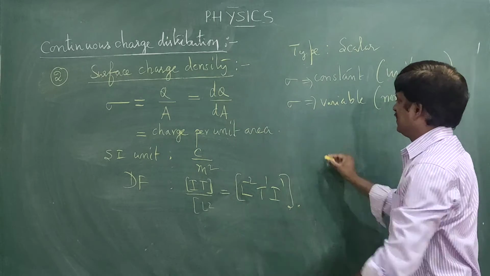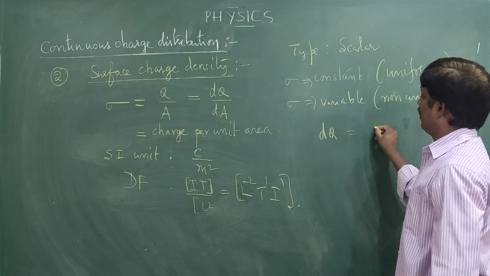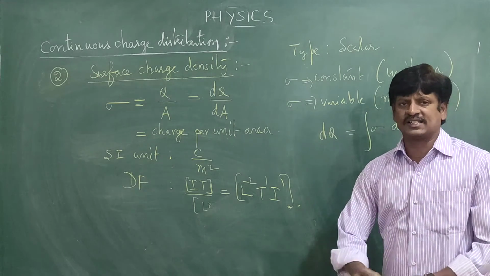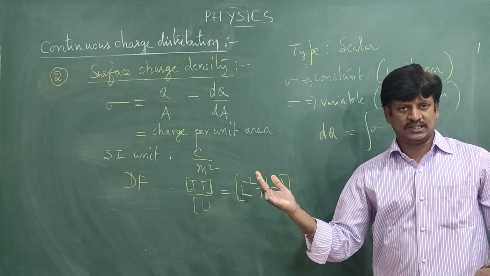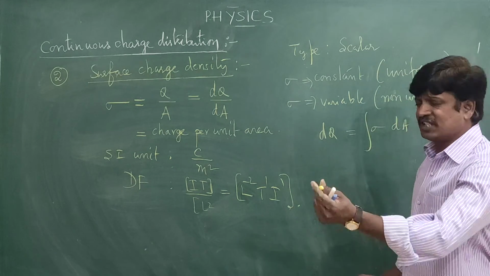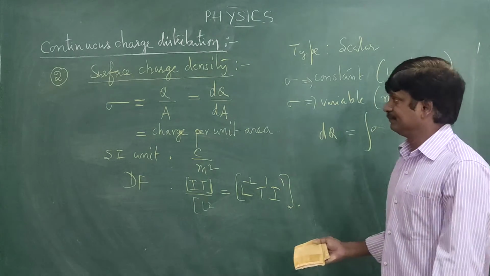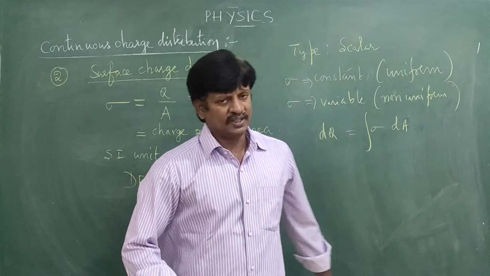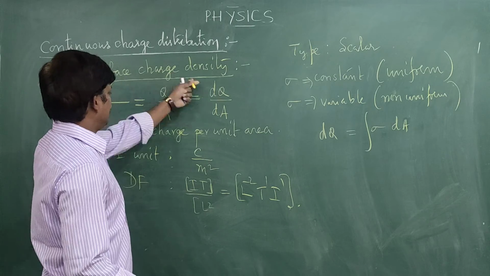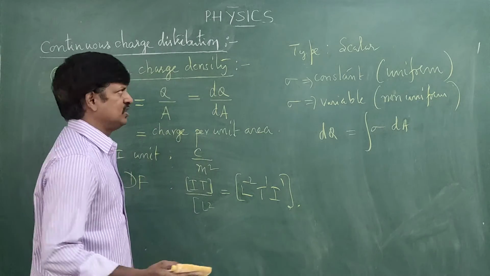If I cross multiply, dq is equal to sigma into dA. You can integrate on both sides to get the total charge on the area or the total charge on the surface. I hope it is clear. So what is basically surface charge density? Charge per unit area.